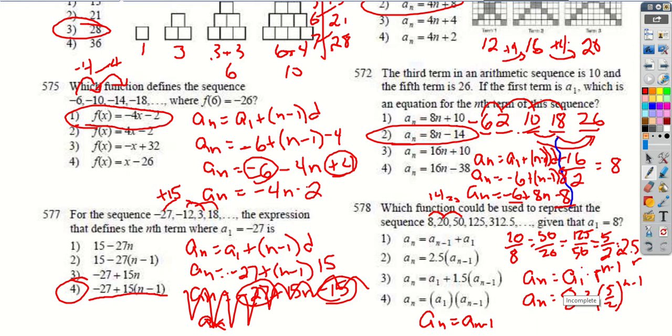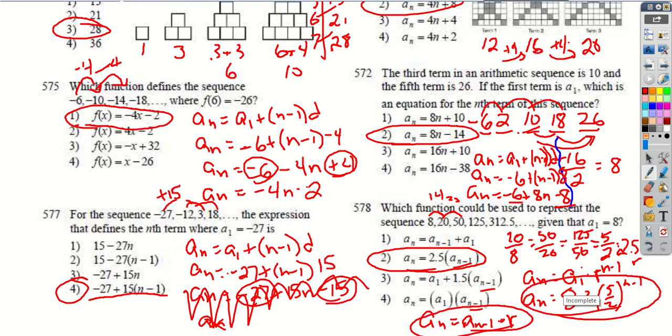And that's what's going on here because I have these n minus 1s, where this is in terms of n. And then it's a sub n minus 1 essentially times r. We know r is 2.5, and if we multiply that times a sub n minus 1, we're going to get this answer right there. So this is the explicit formula. This is the recursive. So if this one is not matching anything, try the recursive formula.